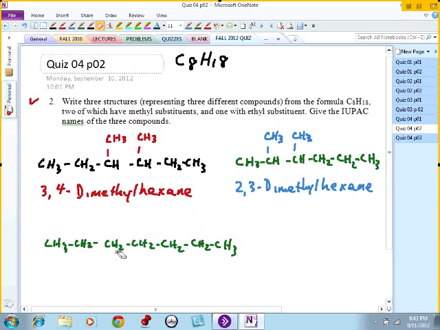Then I simply replace any one of these hydrogens with a methyl. And what would be the name? 3-methylheptane, right?